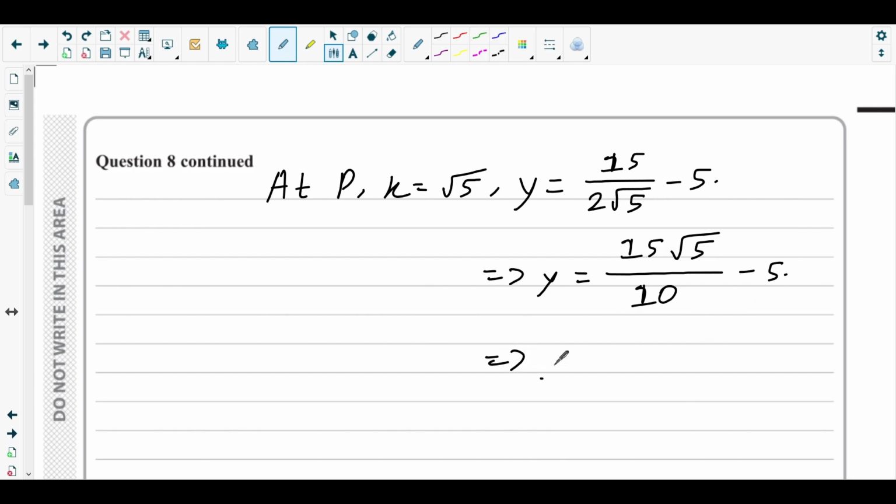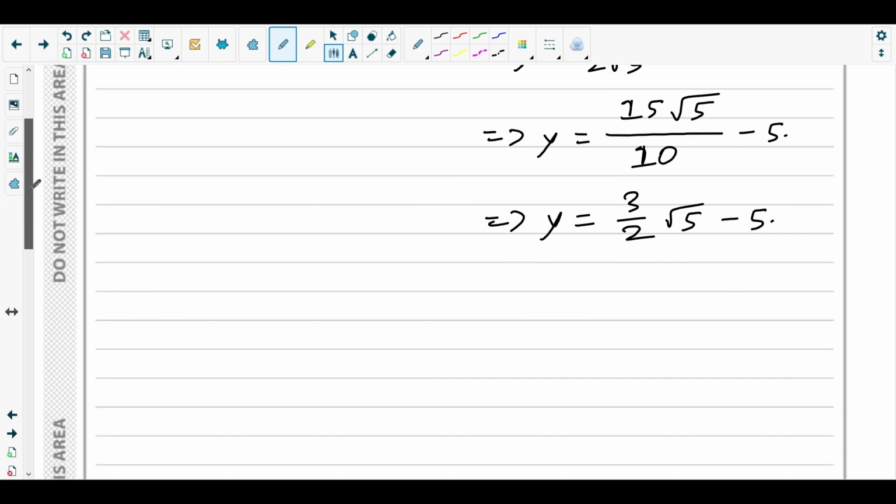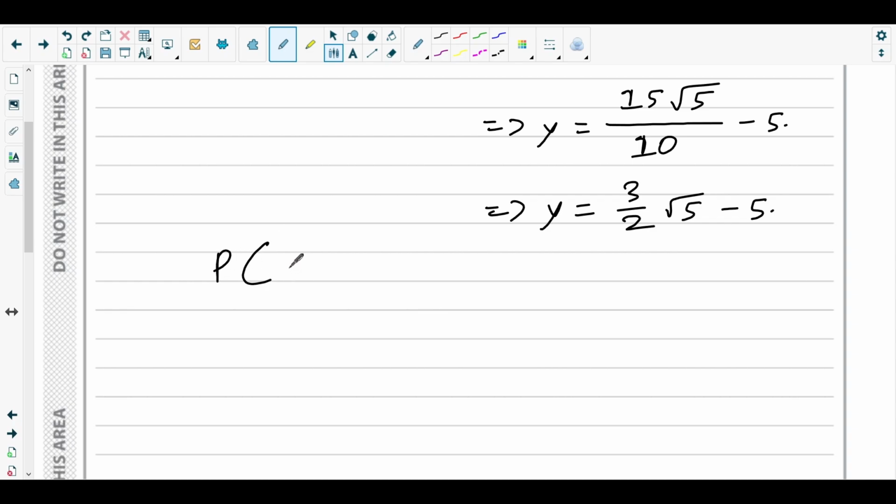So the value for y is 3 over 2 square root of 5 negative 5. This is the y coordinate of point P. So we got the coordinates of point P: x is square root of 5, and the y coordinate is 3 over 2 square root of 5 negative 5.